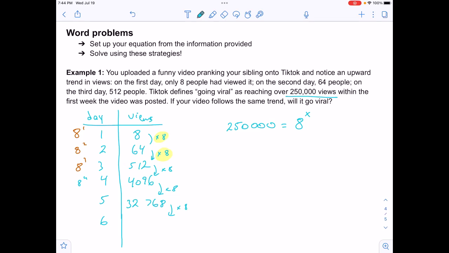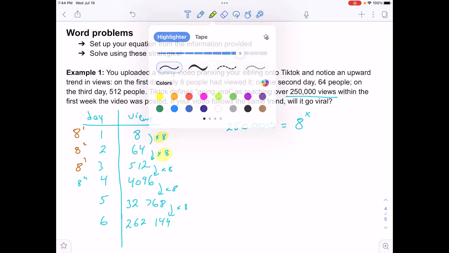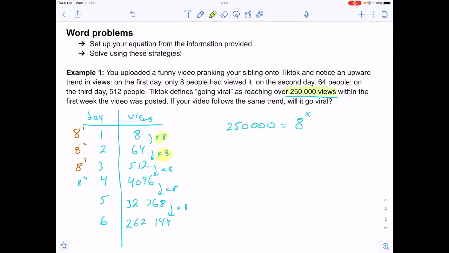We get 262,144. We have successfully met the criteria. We've gotten over 250,000 views, and it has been in the first week, so therefore the video will go viral. Pretty cool.